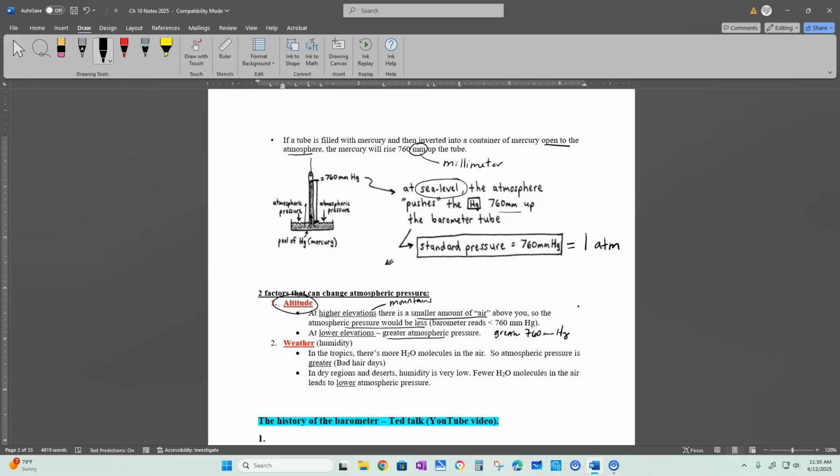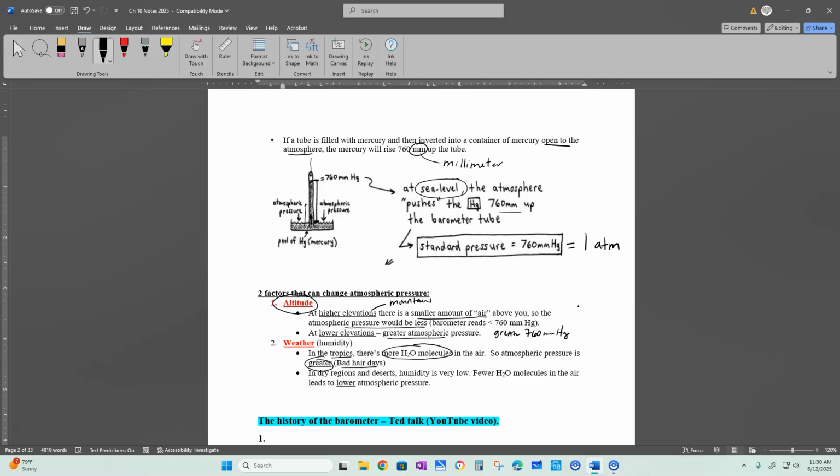Weather, okay, especially weather. Oh my goodness, if you've ever been in like humid conditions, like the tropics, southern states, there's a lot of water molecules in the air. So that means our atmospheric pressure is greater, and that's why when you go outside, you had nice, pretty straight hair, and then as soon as you go outside, it's all nice and frizzy.